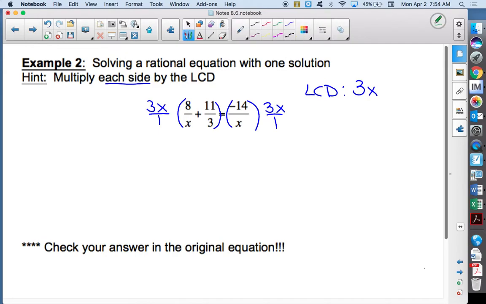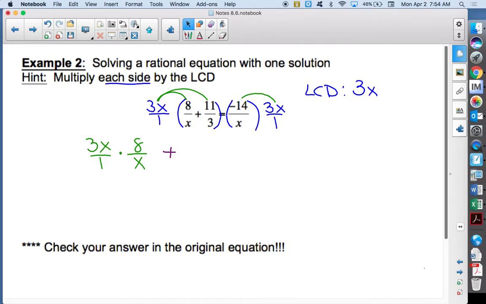So I'm going to take this step by step just so you see what's happening with the problem. We're literally distributing 3x to each term on the left and 3x to the term on the right. So I'm going to write this out. We have 3x over 1 times 8 over x. I'm not going to actually do the multiplication yet. I'm just showing you how this is working. The next one, we would have the 3x.